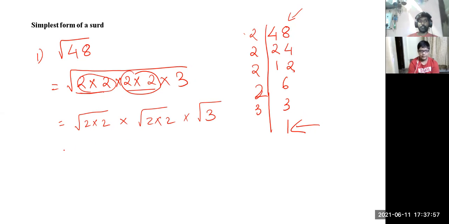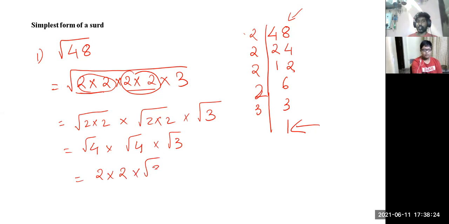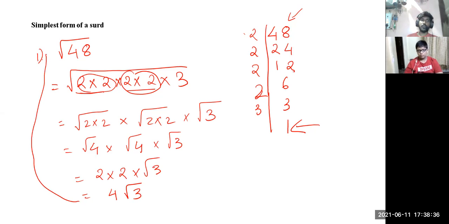Now you'll get root of 4 into root of 4 into root of 3 as it is. Now what is root 4? Square root 4 is 2. So 2 into again root of 4, 2, and this root 3 as it is. Now 2 into 2 is 4. So this will become 4 root 3. 4 root 3 is the simplest form of your surd root 48.